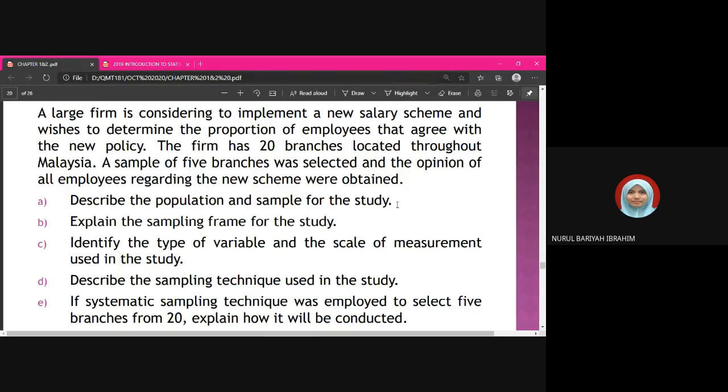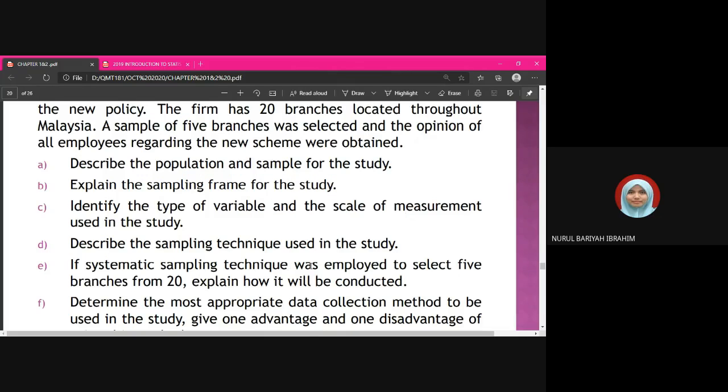Describe the sampling technique used in this study. It is the cluster sampling technique. If systematic sampling technique was employed to select 5 branches from 20, explain how it will be conducted. Okay, as I mentioned tadi, we can select the clustered sample using SRS ataupun systematic.